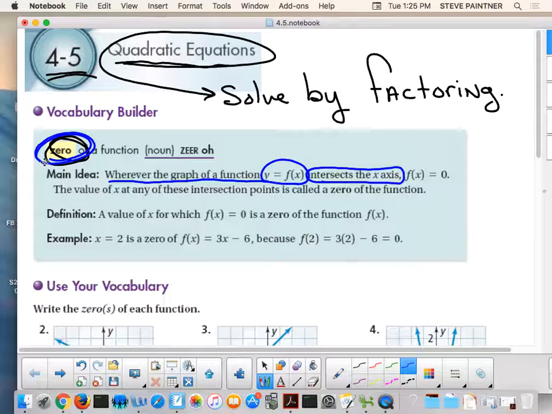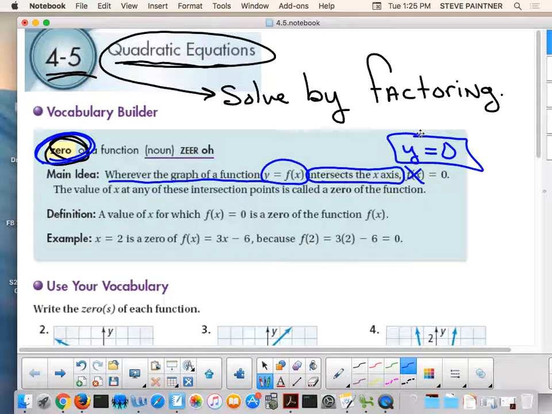But what's f of x? Y. So when I say, where's your zero, you're supposed to be thinking, wherever the y value is 0. Where's the y value always going to be 0? Wherever it intersects the x-axis.